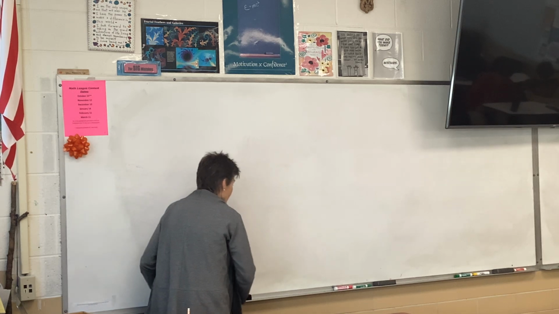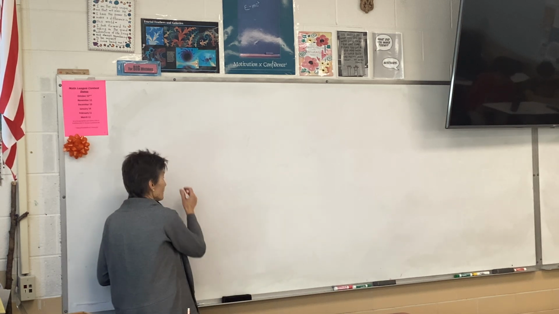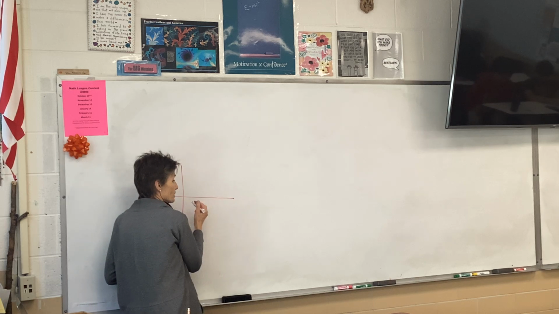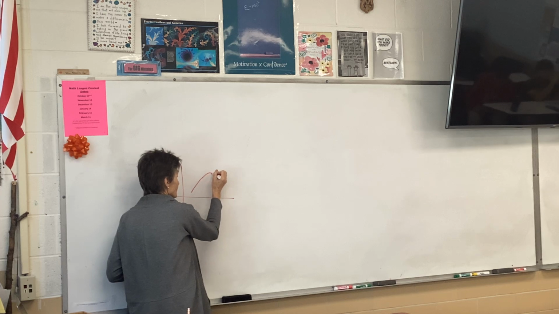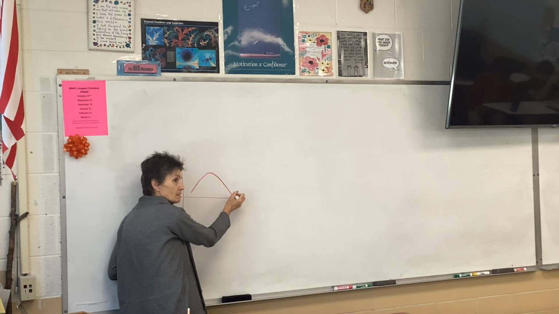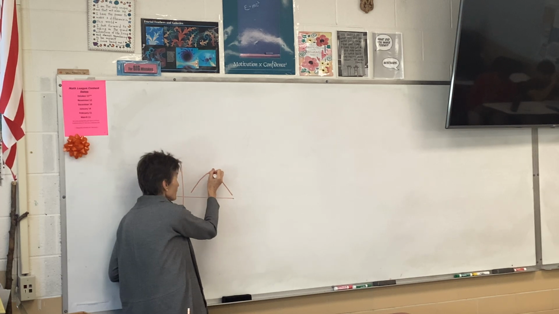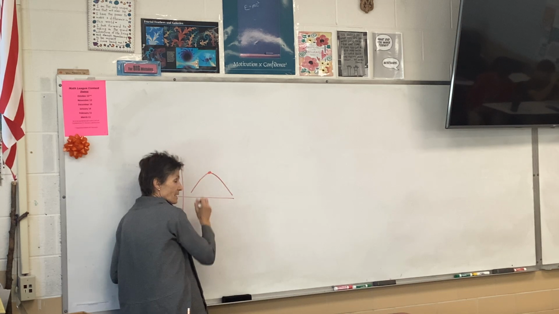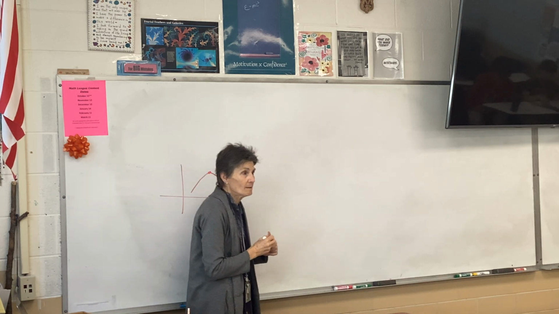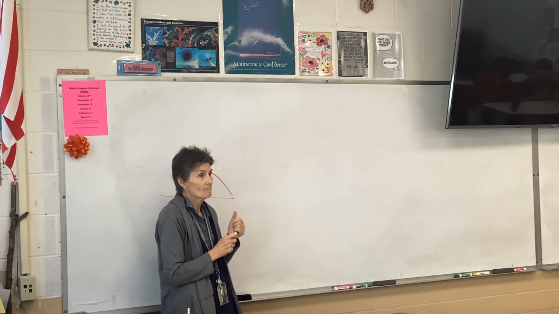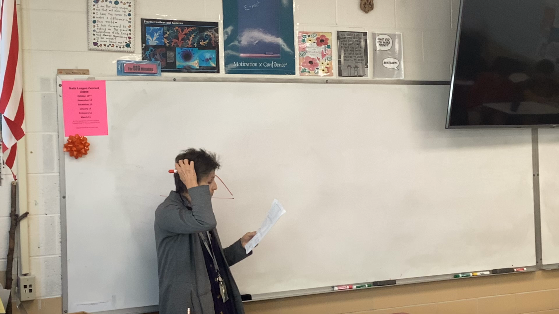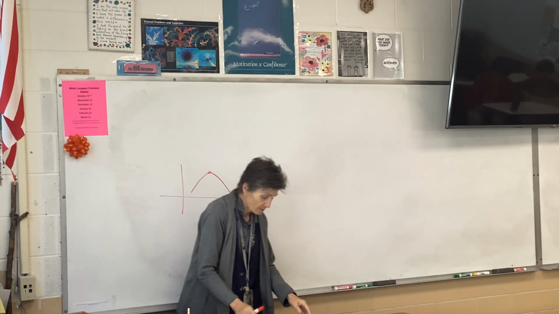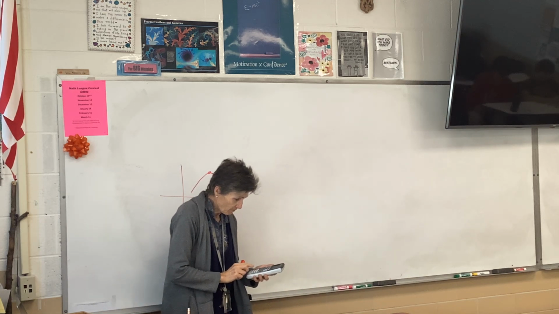What would we be looking for if we're changing? Think about what that picture looks like. We're going from increasing to decreasing. What does that mean we're looking for? A maximum. Does that make sense to everybody? That you're looking for a maximum? All right, so let's sketch it. See if we can figure that out.